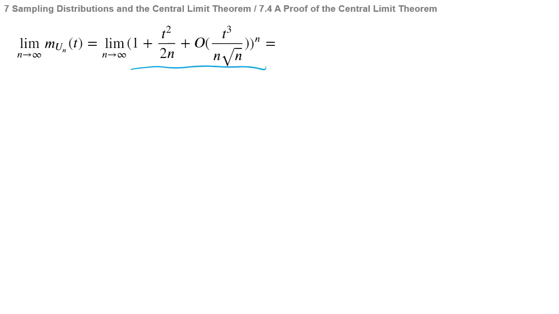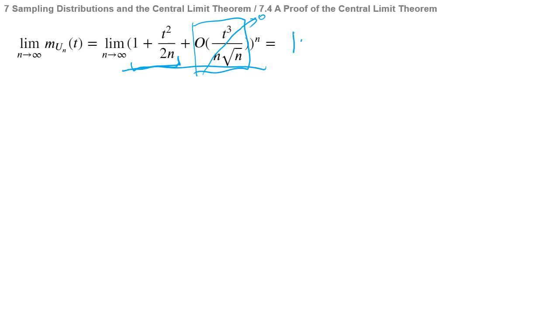And here, if you admit that this part goes very small as n goes to infinity, this part approaches 0 so much faster than this part.